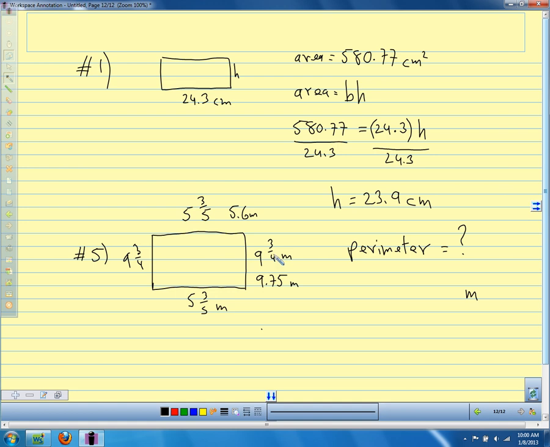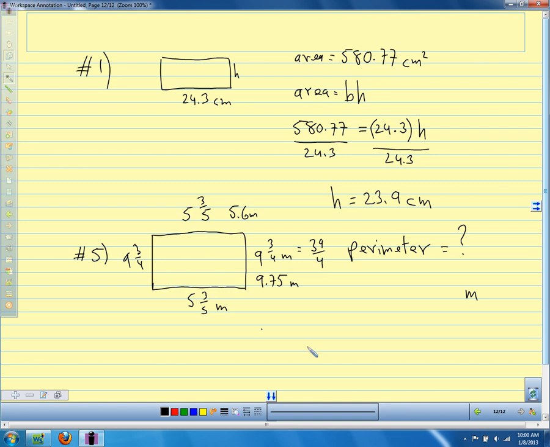So if I turn this from a mixed fraction into a regular fraction, I would do 9 times 4 plus 3. 9 times 4 is 36. 36 plus 3 is 39. So this would be the same as 39 fourths. 9 3/4 is the same as 39 fourths. Okay, but you could do it that way. That would work also.